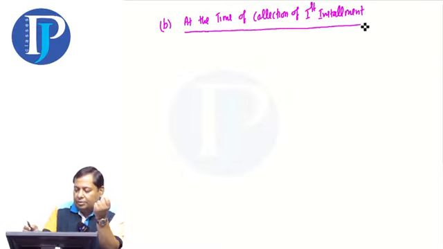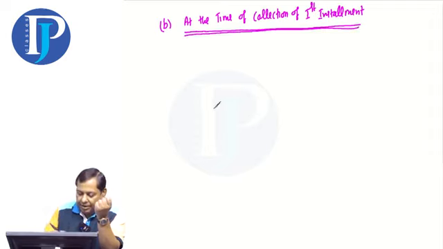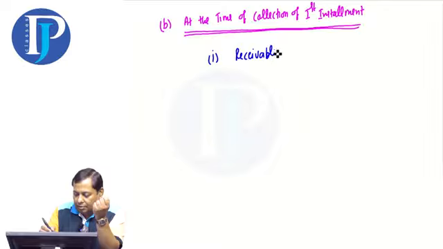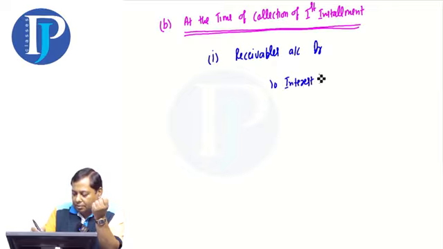For when installments are collected first time, pass the first entry. Receivables account debit to interest income.